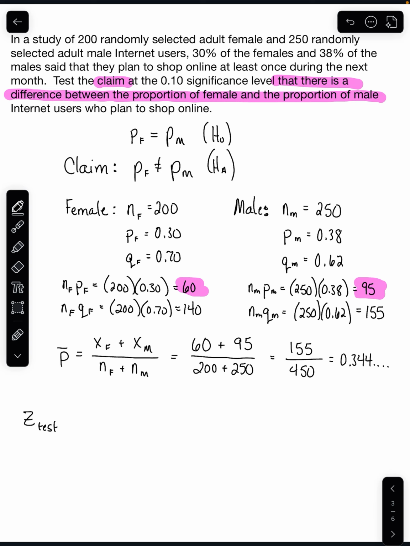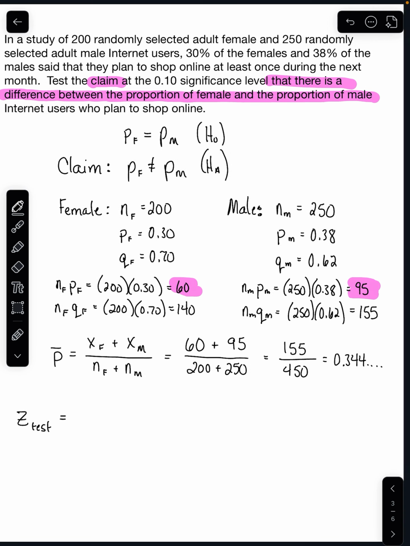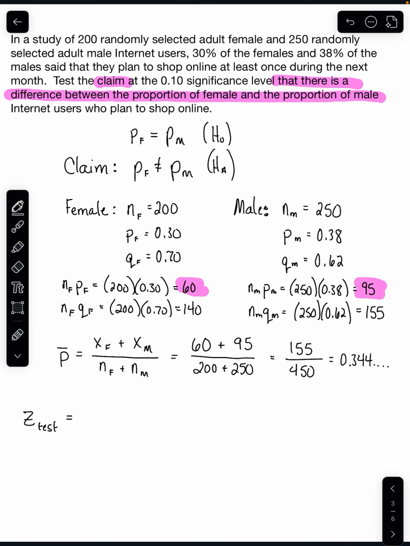Our test statistic is going to be the difference between the two sample proportions. Now, it doesn't really matter which one you subtract first and which one you subtract second.